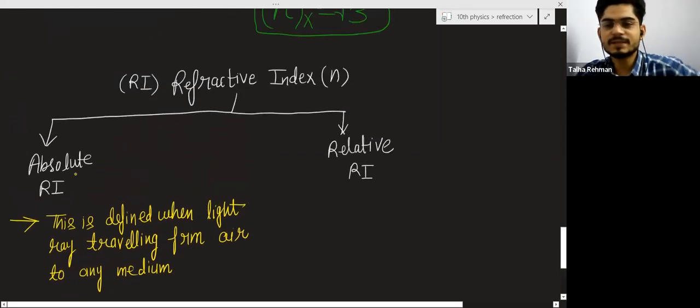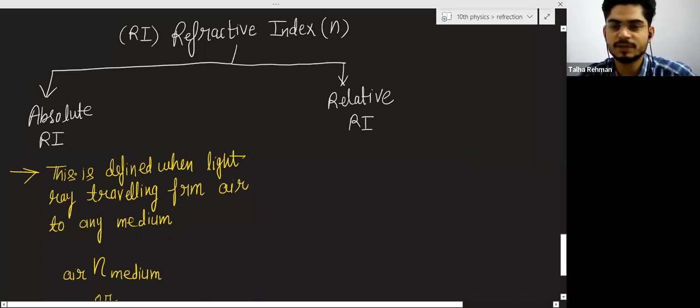Relative refractive index is defined when there are two mediums other than air.